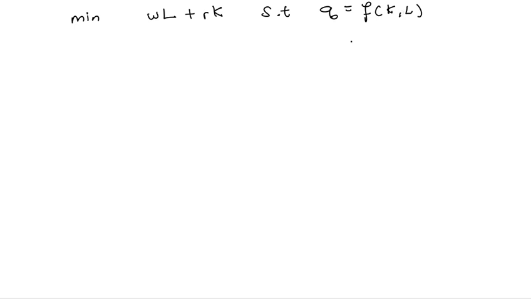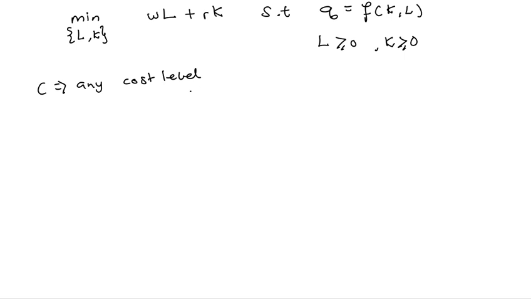Okay, such that L is non-negative value and K is also non-negative value. And here minimize, the argument is L and K. Okay, so now if we have C, okay, it's actually any cost level, then the isocost line can be rewritten as this.